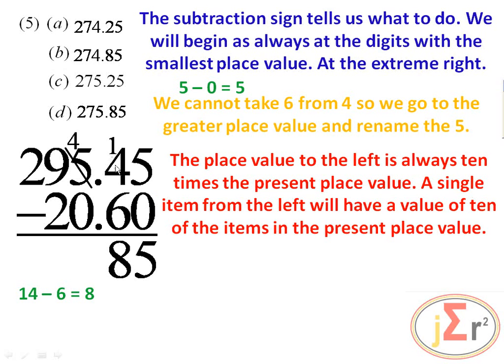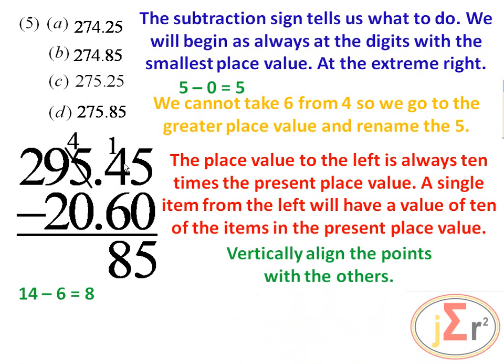We intend to write 14, but because of the limited space, the 1 is written in a small form in order that we may accommodate it, because we do not have additional space for it to appear as our regular 14. But it is a 14 because we are taking 10 from here and adding the 10 to the 4.